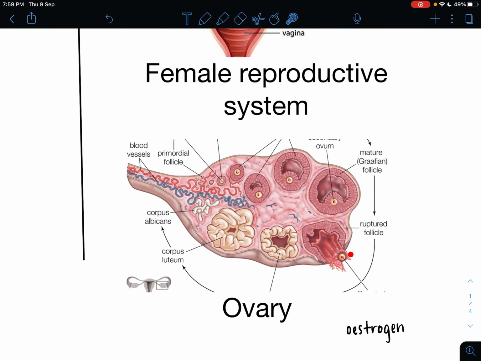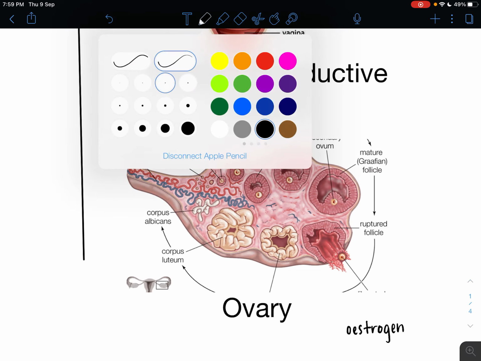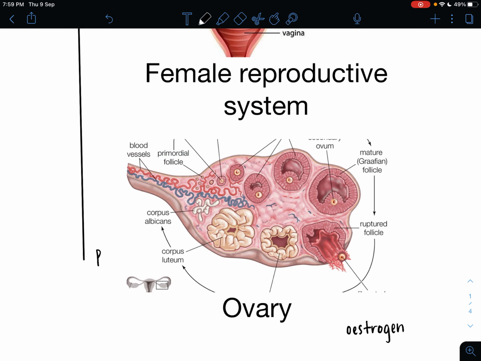After the release of the matured follicle, the remaining substances will become what we know as the corpus luteum. The corpus luteum is responsible for the secretion of progesterone.